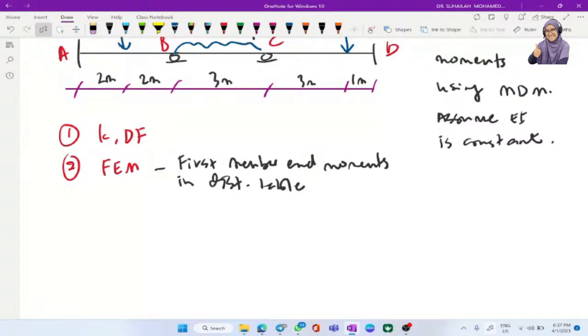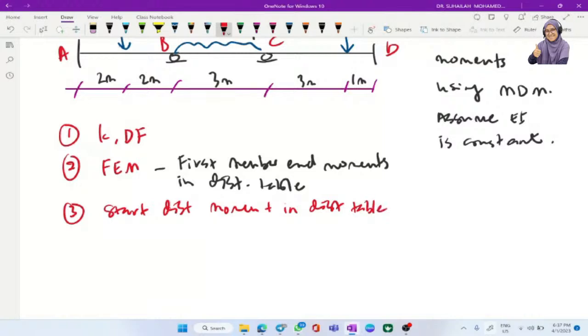So the next step is we have to draw a table, and we have to start distributing moment in the distribution table.